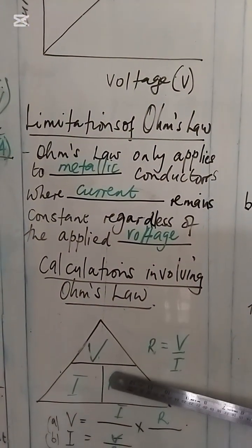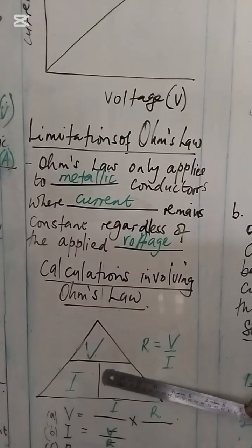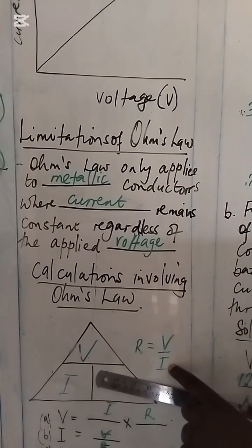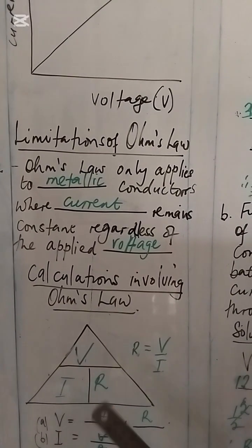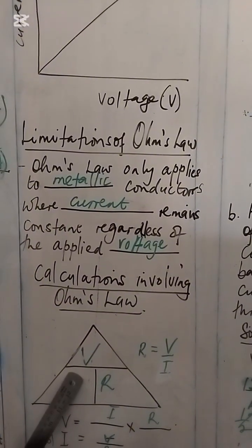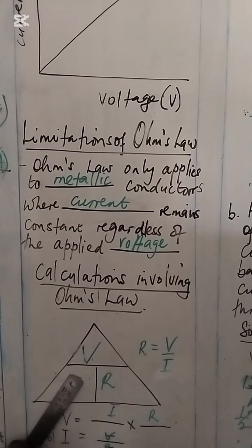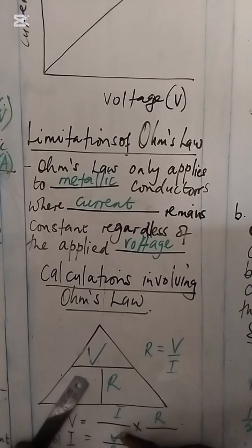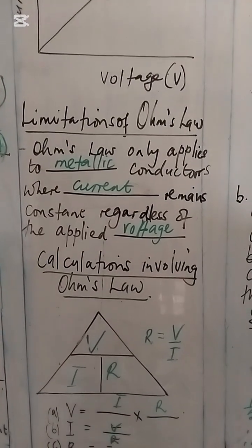Then if you block R, resistance, it becomes voltage over current. Then suppose you block the current, current becomes equal to voltage over resistance.